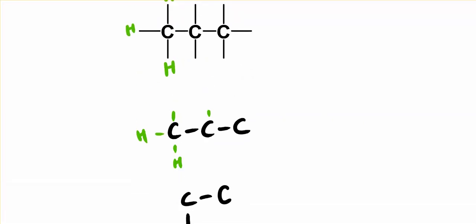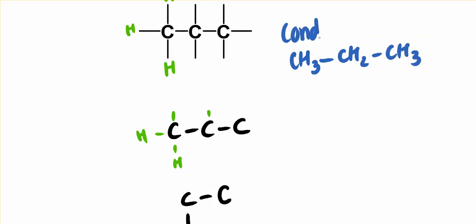Another shortcut we'll take is the condensed formula. This is condensed. A condensed formula shows the carbon backbone, and for each carbon it shows what's attached to each one.